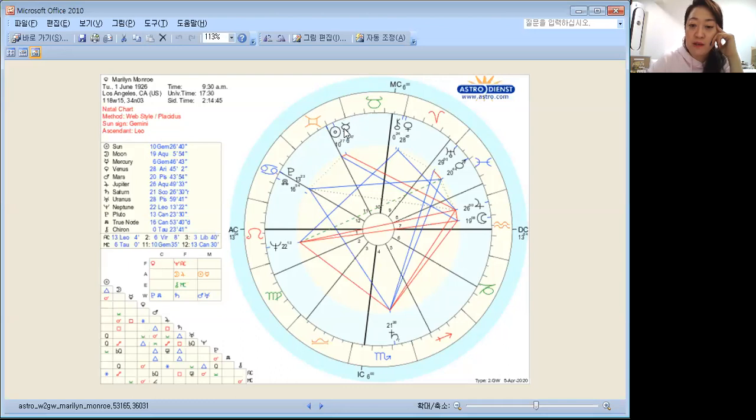So even though it makes the Mercury shine, because Sun is so bright, if you have only 4 degrees difference between these two planets, Sun could harm the Mercury as well, right? It's too bright. It burns the other planet a little bit. So it's going to be a mixed effect, I think.